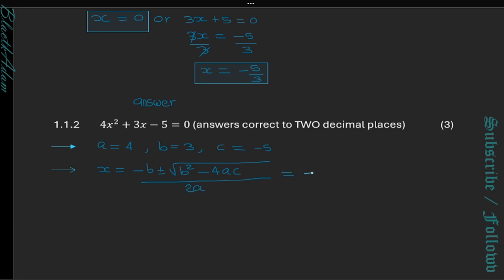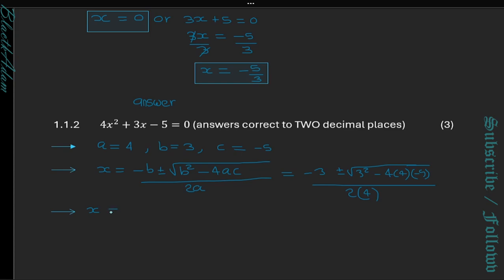So that means there we have negative 3 plus or minus root 3 squared minus 4, where our a is 4 and our c is negative 5, and all that over 2a, so our a is 4.